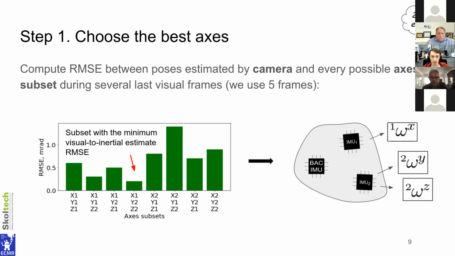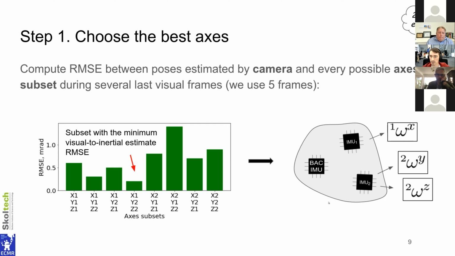For example, we utilize 5 frames of the visual camera in order to get poses from it and poses from our virtual IMU. In this example of 2 IMUs, we have 8 subsets, and in this case we have the lowest error for the subset of the x-axis from the first IMU, and y and z-axis from the second IMU.